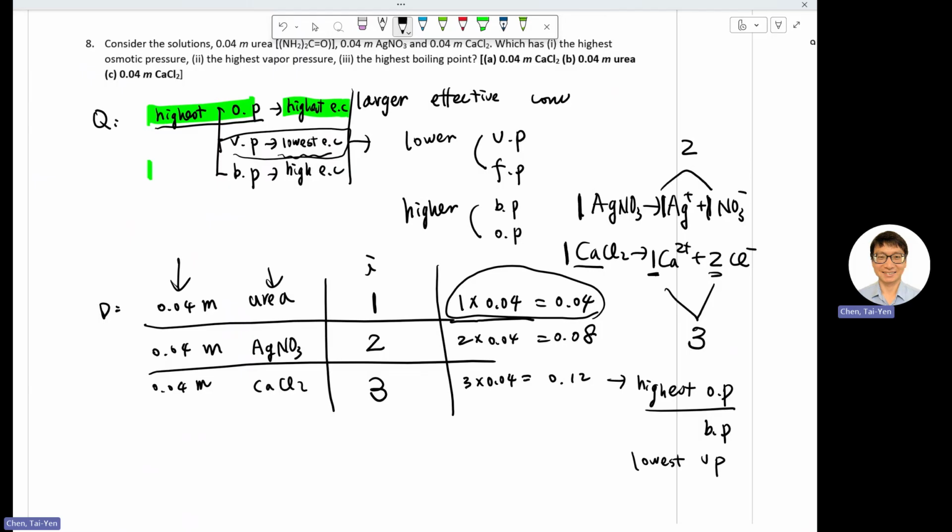So the original one disappears, but you get these two particles, one Ag+ and one NO3-. That's why you have two. And the third example has one Ca2+ and two Cl-. That's why it becomes three.